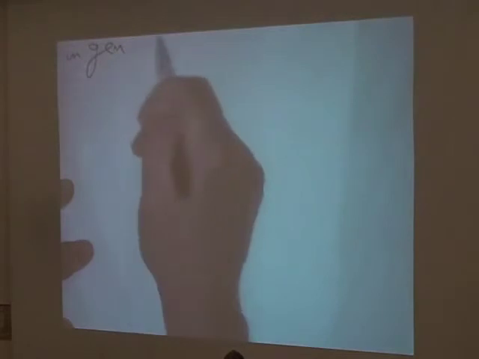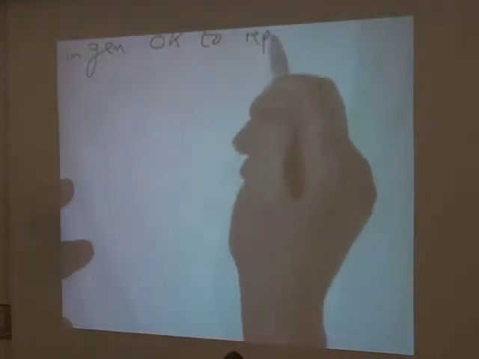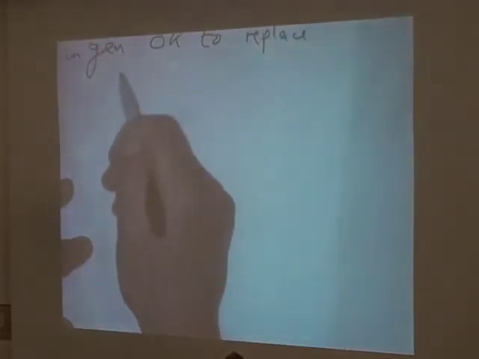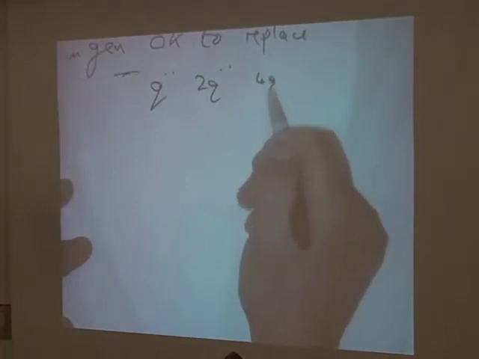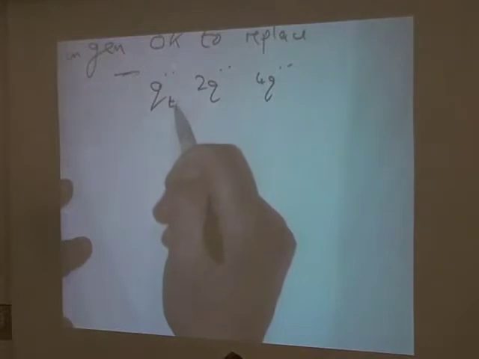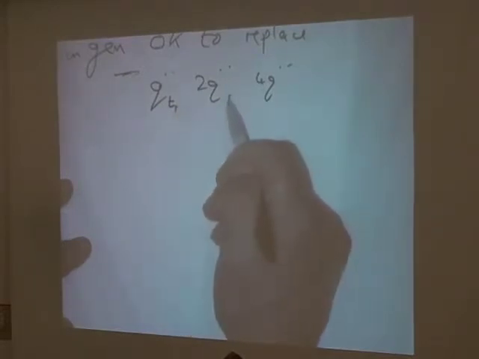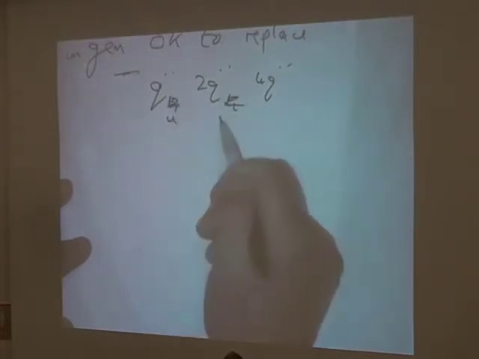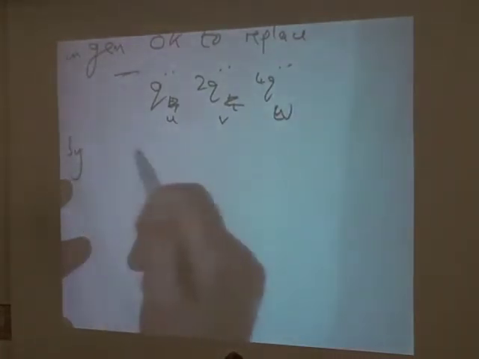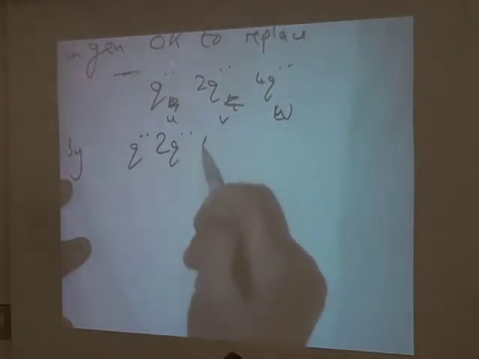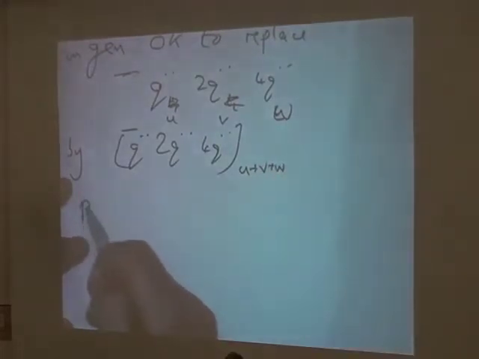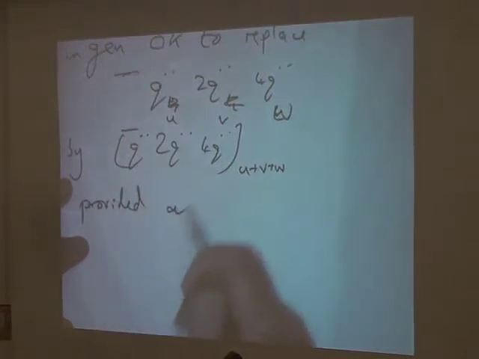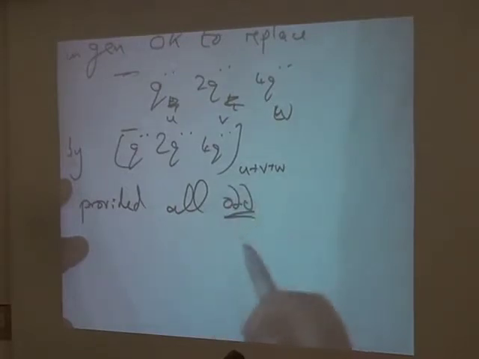And in general, it's okay to replace q to the something, and then 2q to the something, and 4q to the something, with U, V, W, by q to the something, 2q to the something, 4q to the something, subscript U plus V plus W, provided that they're all odd and consecutive.